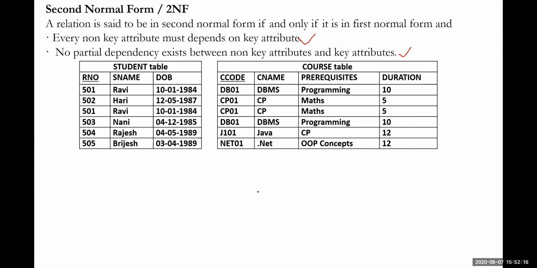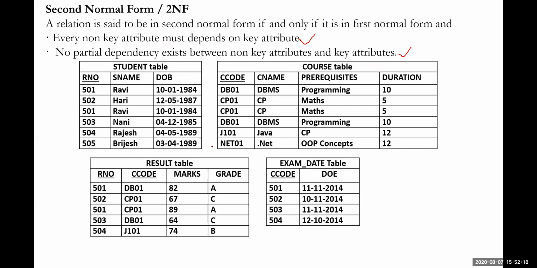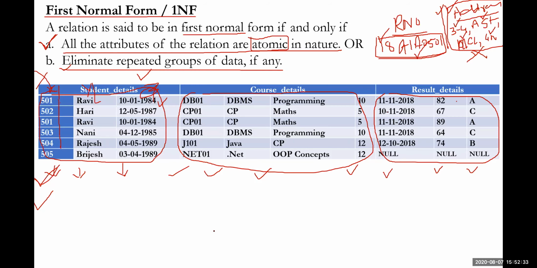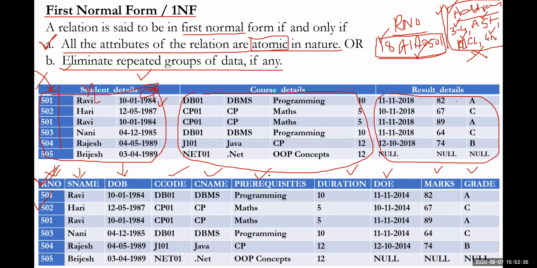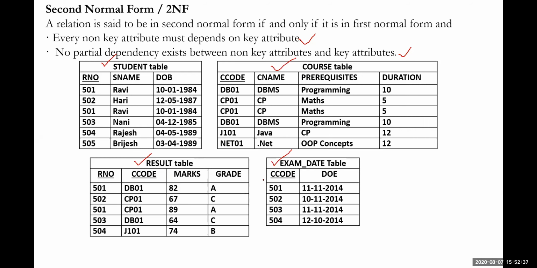Now I'd like to break it into pieces. The student table will be made separate, the course table separate, the results table separate, and the examination table separate. So this entire database will be divided into 4 different small relations.